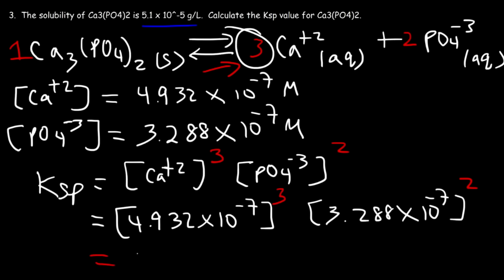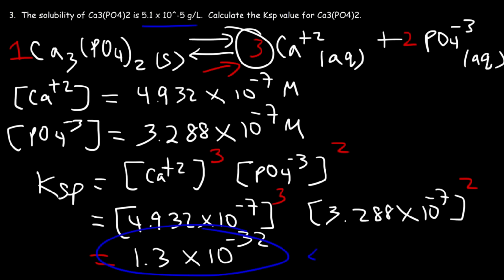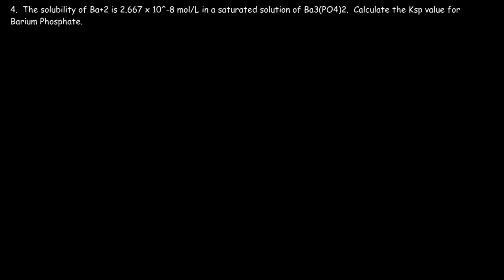So this is equal to 1.3 times 10 raised to the negative 32. So this is the KSP value for calcium phosphate. That's the answer.